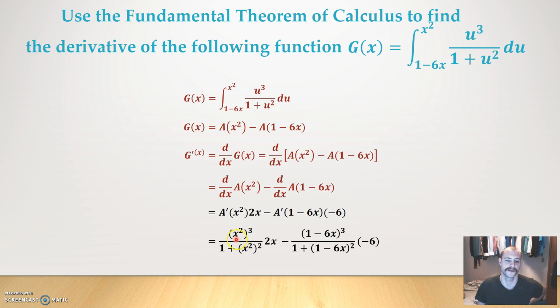Notice this looks exactly like the stuff up here, except for the fact that the 2x is there. Minus, and then the same thing goes here, except it's evaluated at 1 minus 6x, and then the negative 6 because of the chain rule. And that's all there is to it.